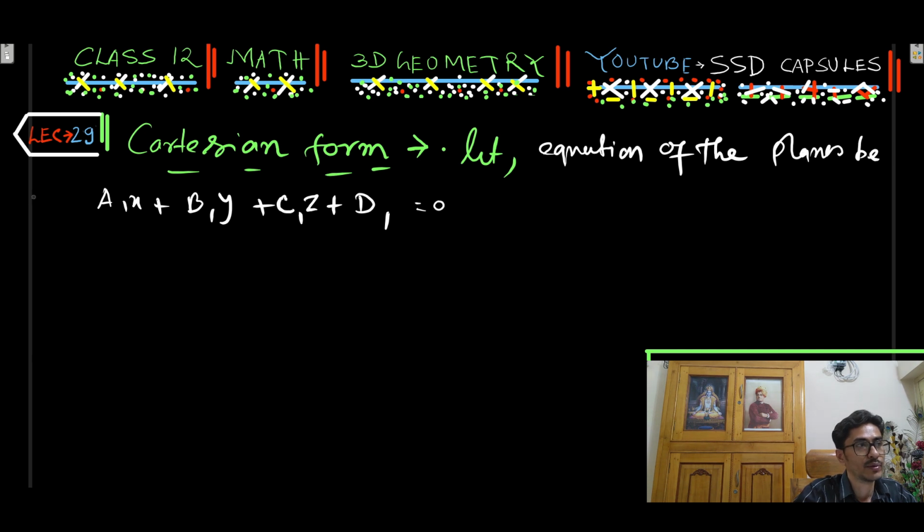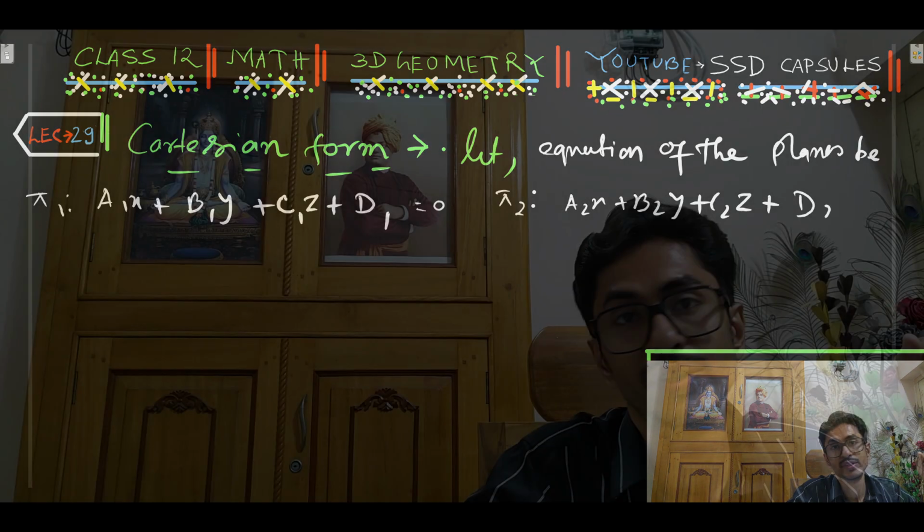This is plane pi 1. This is the Cartesian equation of the plane in normal form, and pi 2: a2x plus b2y plus c2z plus d2 equal to 0. So here a1 b1 c1 and a2 b2 c2 are what?